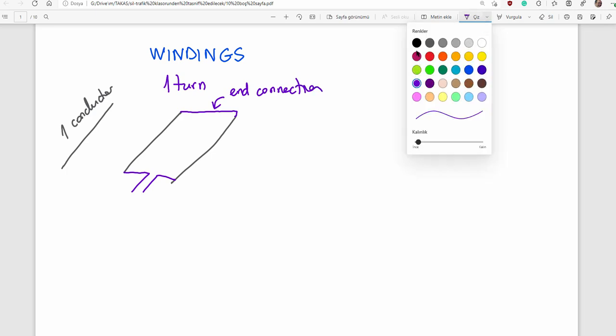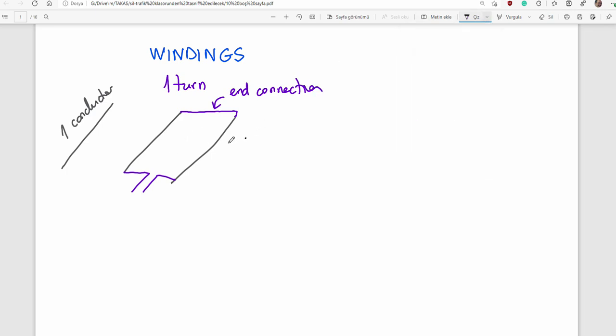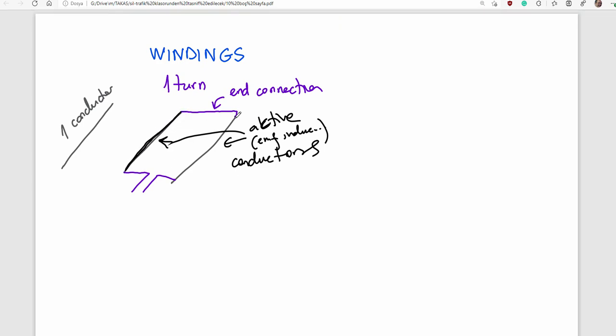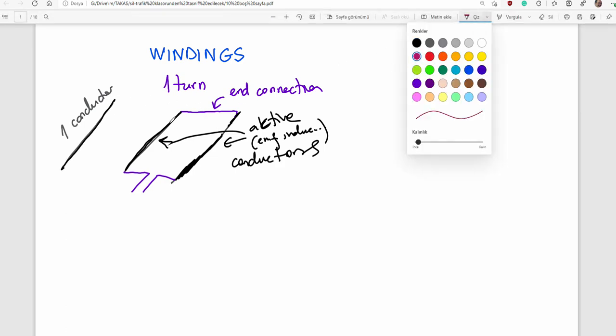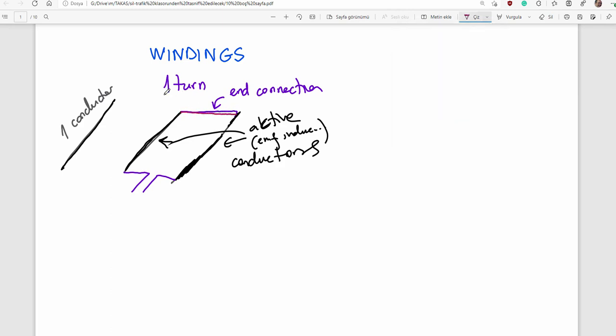And those are the active conductors, the EMF inducing conductors. Those conductors are in the iron core. So those parts will induce electromotive force, and those two are connected together to get one turn.